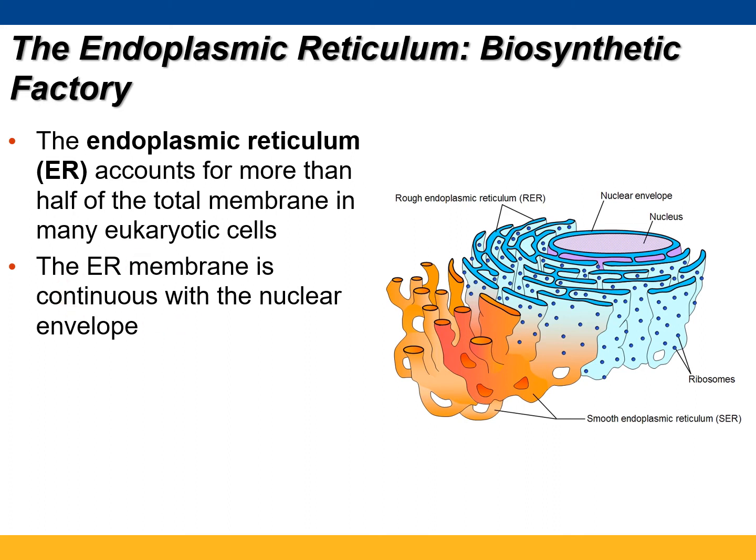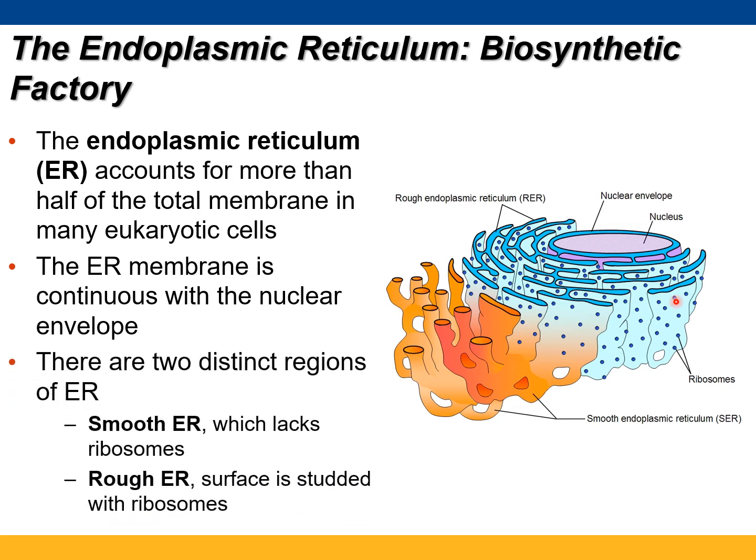It is continuous with the nuclear envelope, though the membrane is different in its composition. So there are extensions off of the nuclear membrane, but these membranes are going to have a slightly different composition than those membranes, and so forth. Membrane composition is a hallmark of the different compartments.